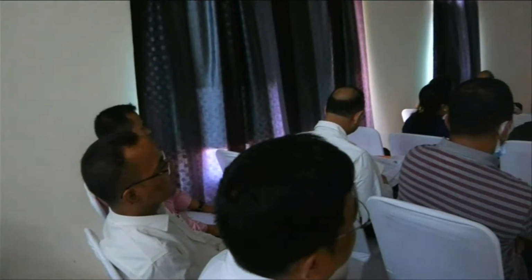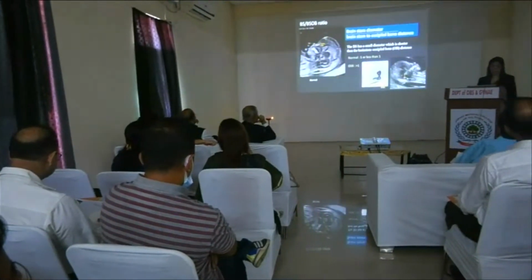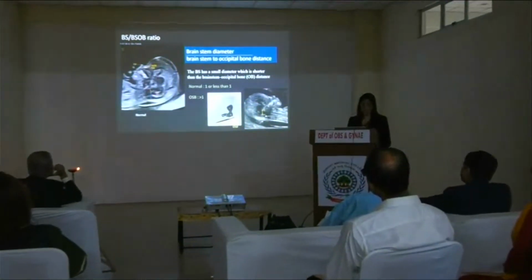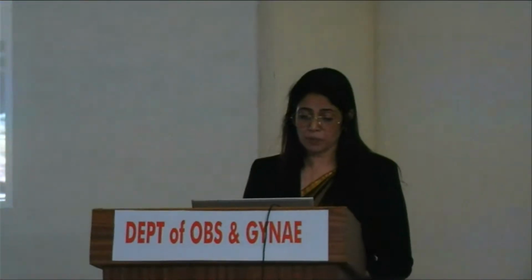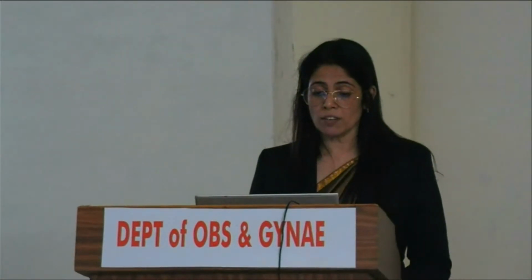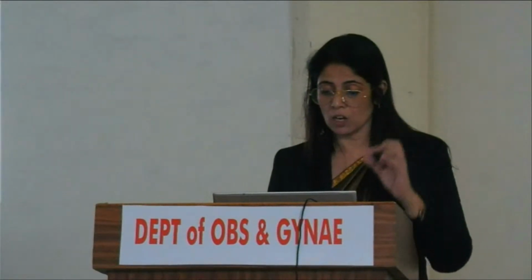So another thing that they found out was the BS-BSOB ratio. BS is the thickness of the brainstem, which is normally seen, and BSOB is the distance between the brainstem and the occipital bone. Now normally, when the intracranial translucency is there, this brainstem thickness is less than the BSOB length. But what happens when the intracranial translucency is lost?